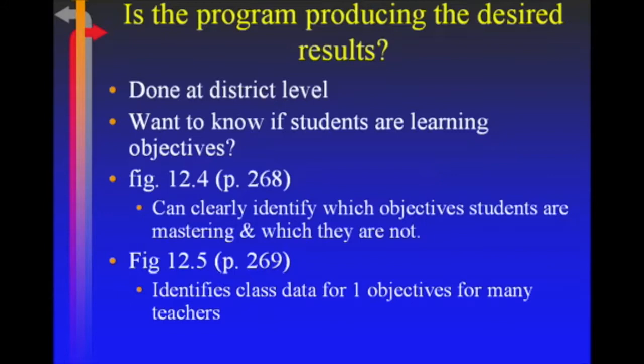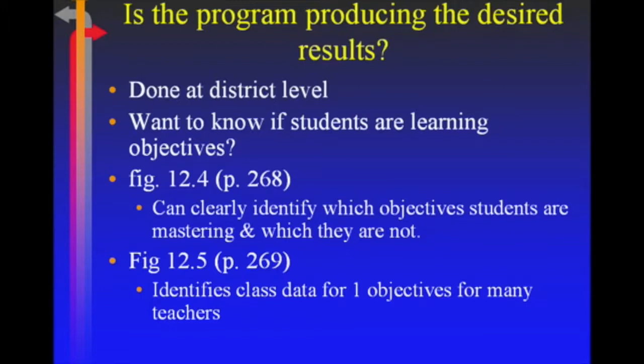First question, is the program producing the desired results? This is typically done, it can be done at the student level, but the textbook suggests that it's better if it's done at the district level. The assumption here is that all the schools in the district are using the same assessment tools, that you have a district-wide curriculum, and all the teachers are using the same objectives, the same program goals throughout the district.